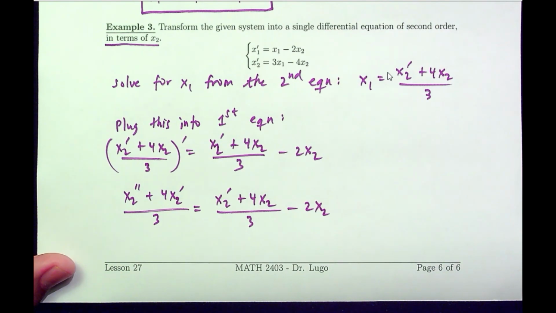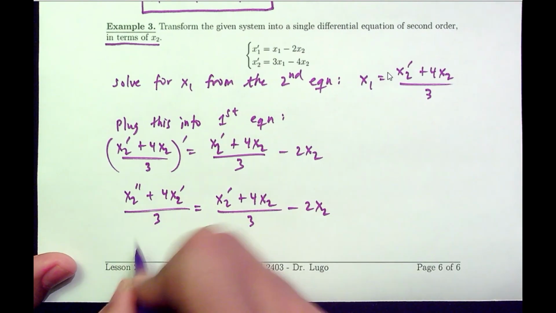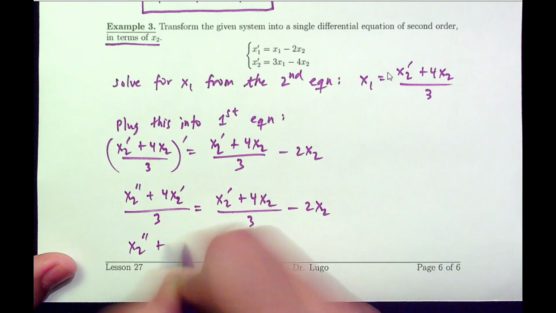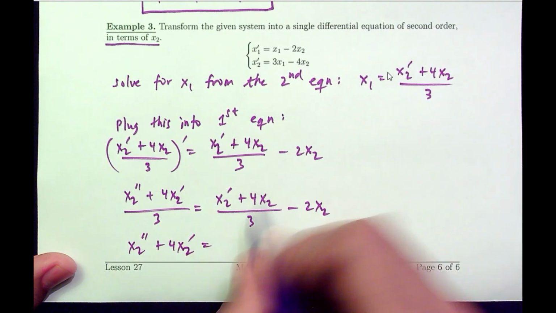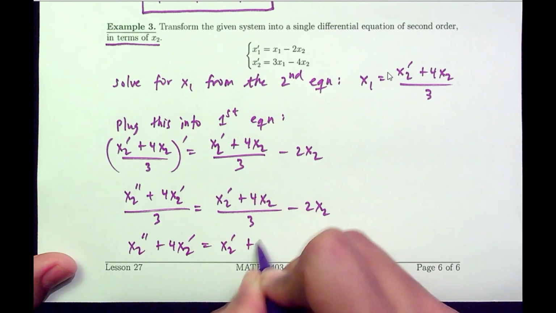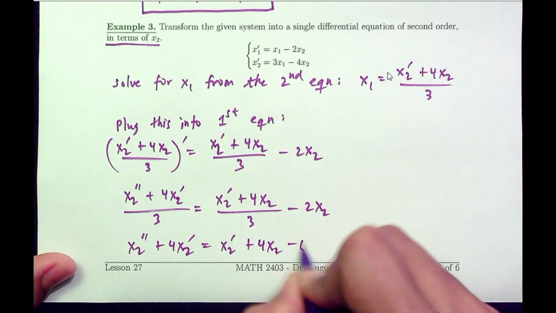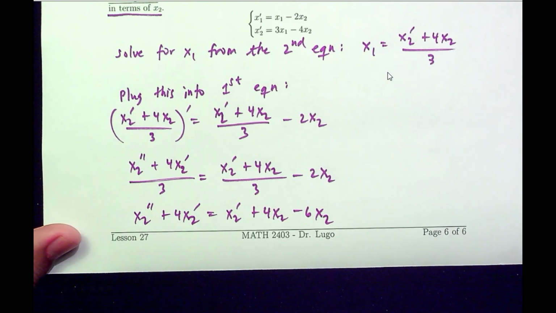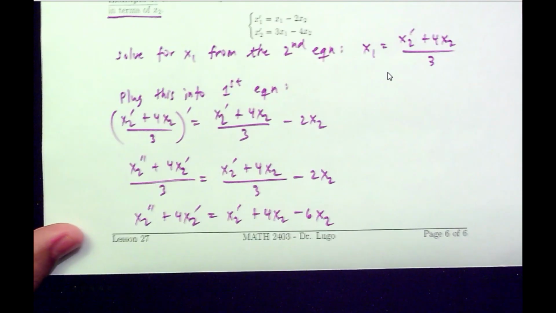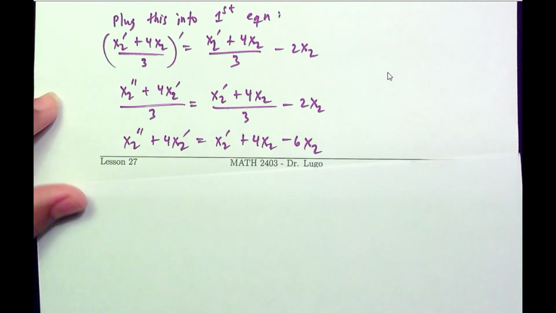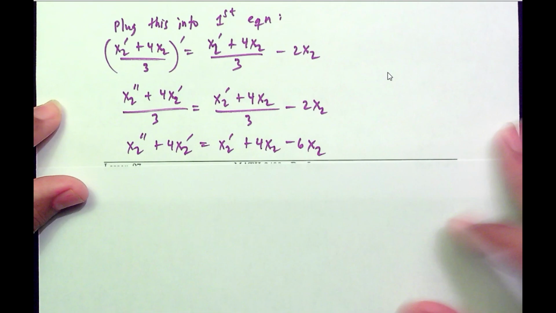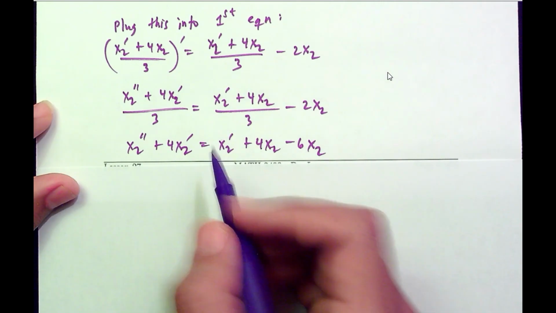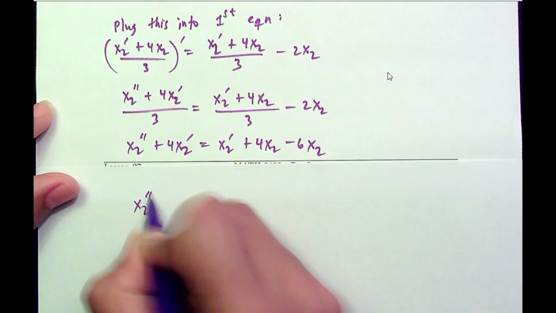Okay, now you can multiply by 3 everywhere to get rid of that 3, and you're going to get x2 double prime plus 4x2 prime equals x2 prime plus 4x2 minus 6x2. Okay, then combining, moving everything to the left and combining like terms, you're going to get x2 double prime.